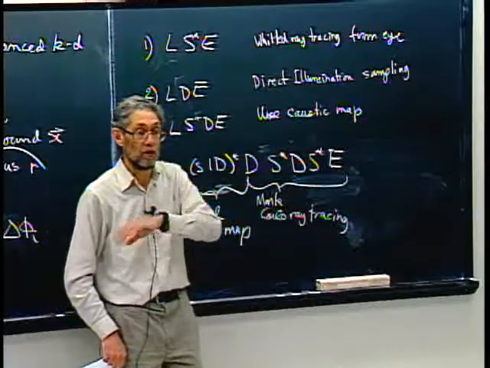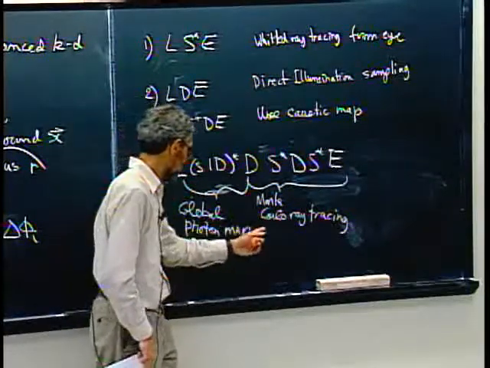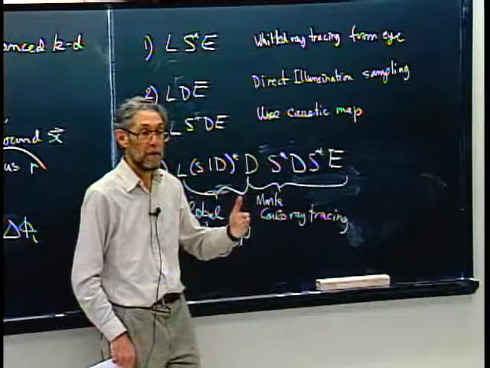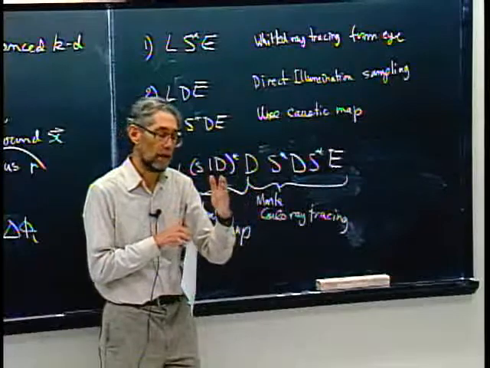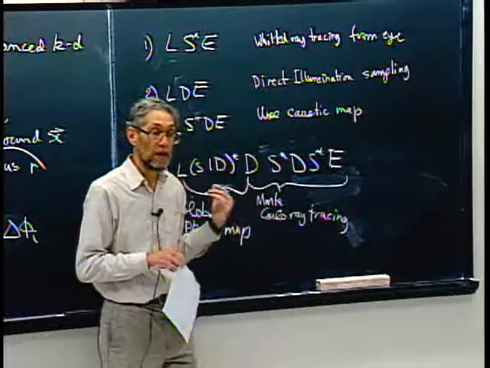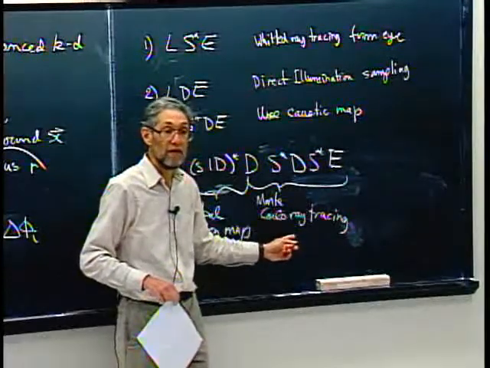The salt and pepper noise, the slowly varying photon map density estimation noise, and the blockiness from the radiosity solution.